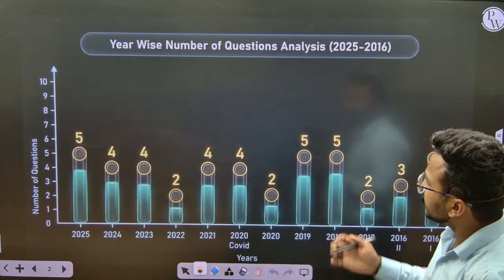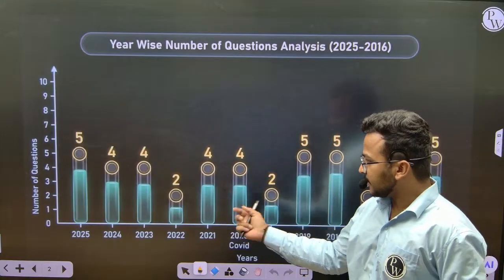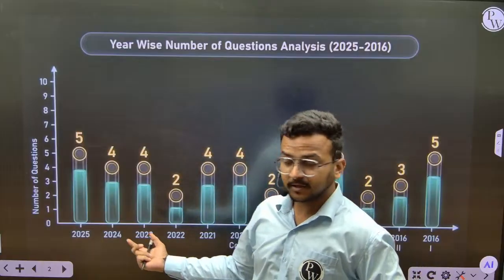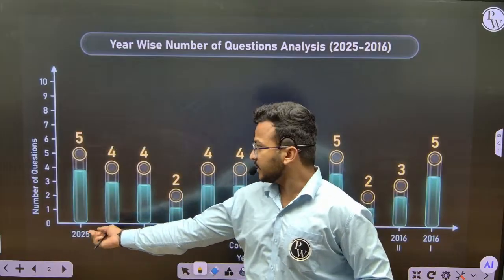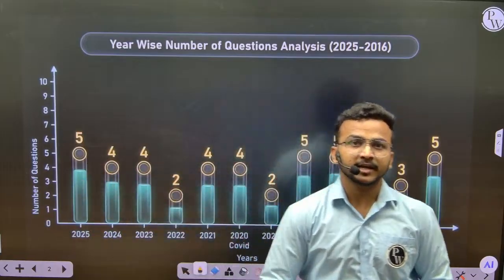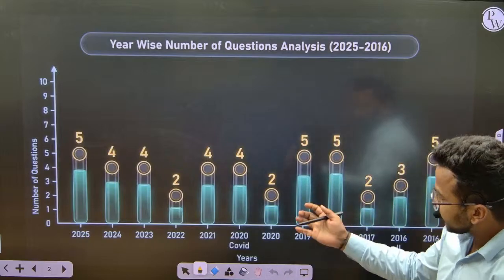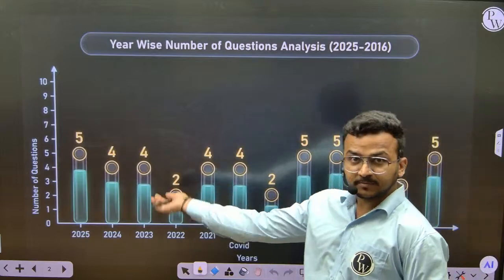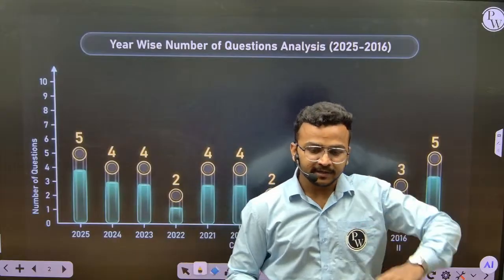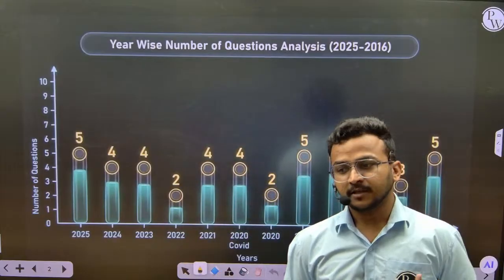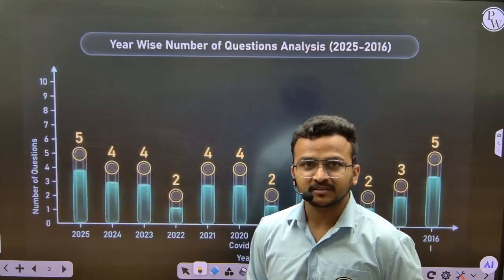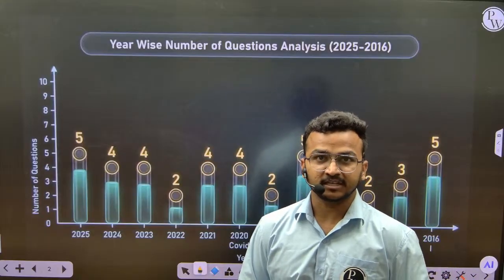Here I have made a year-wise analysis of the cell chapter. You can see that in the 2025 NEET exam, last year, they asked 5 questions, and 4 questions before that. We should not leave any chapter by chance, neglecting it because it is a basic chapter and won't require that much attention.